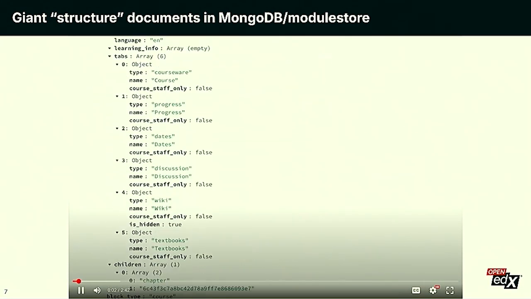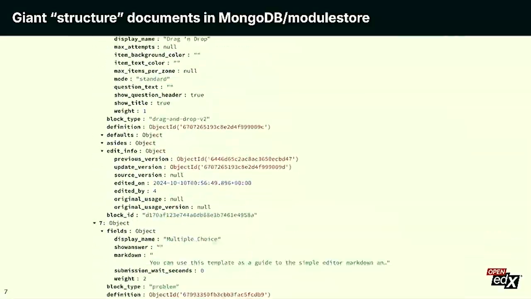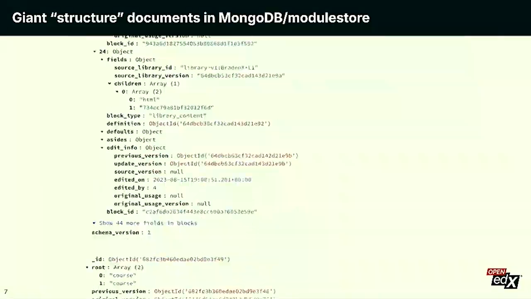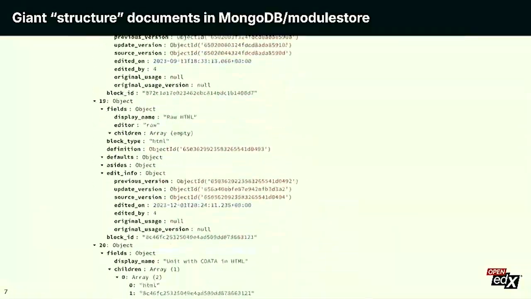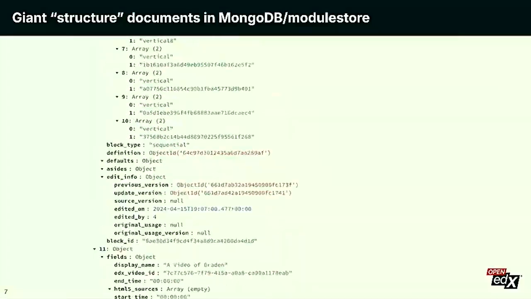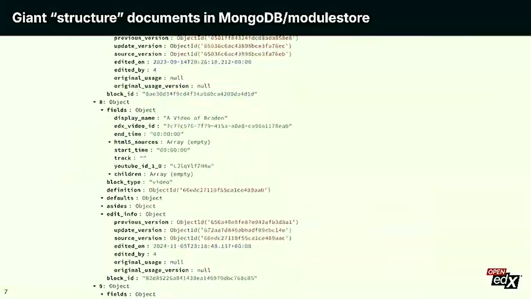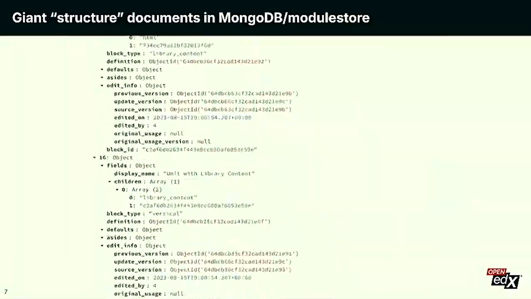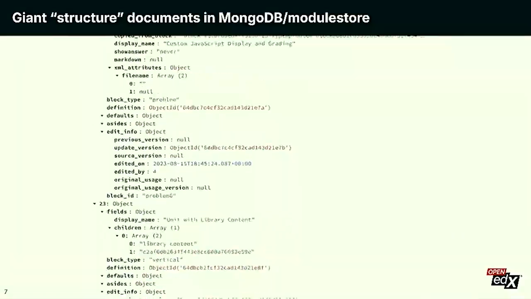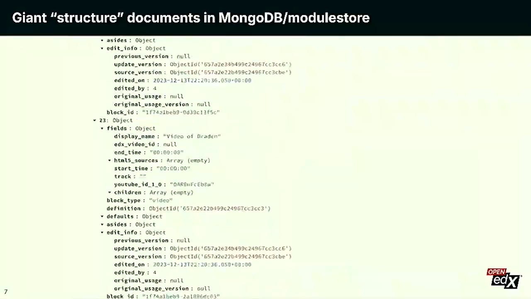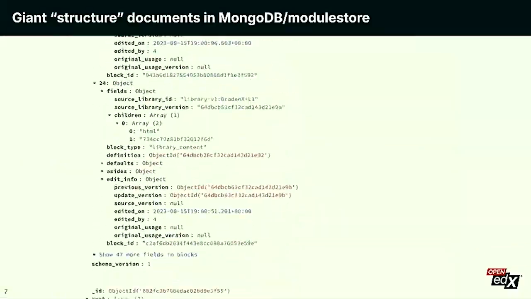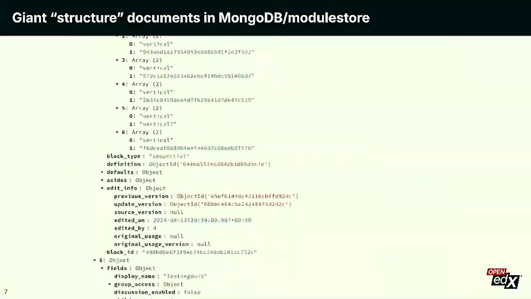Now I want to talk about why we want to get rid of MongoDB and the related ModuleStore system that wraps around it, which you saw in the architecture diagram. One of many reasons is the way we store courses and course content in MongoDB. We have these giant structure documents that hold every component and every unit and every subsection and every section in the course.